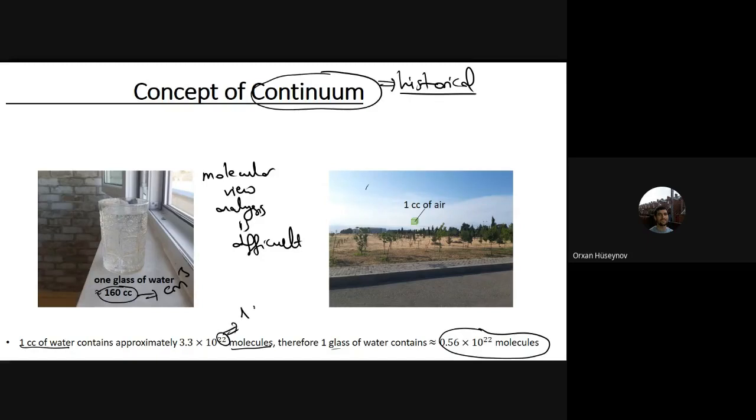For example, take the collision time: one molecule comes here, another molecule comes here, and they collide with each other. It happens in 10 to the power of negative 9 seconds. It is a very short time. But if you take all of these molecules and try to understand what happens in 1 second, you can see a huge number.